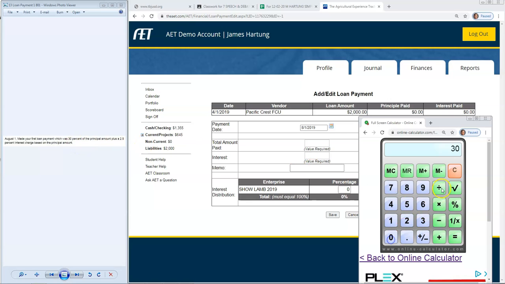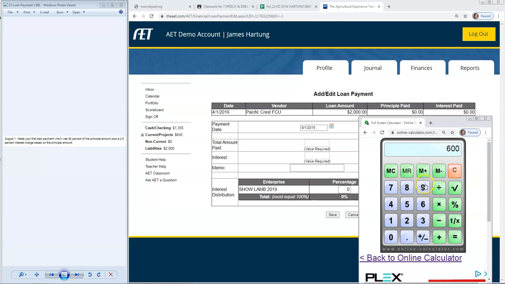So we'll take that 30, divide it by 100, and there's our decimal value, and then we can take that and multiply it times the $2,000. So the principal amount of the payment, the amount going to actually paying down the loan, is $600.